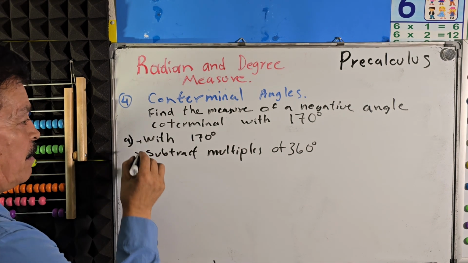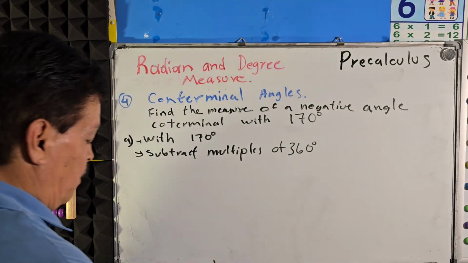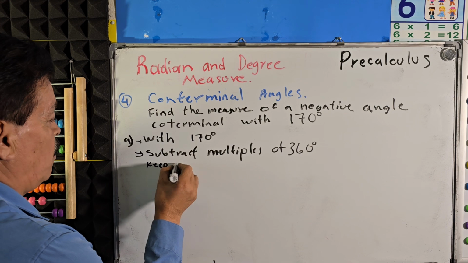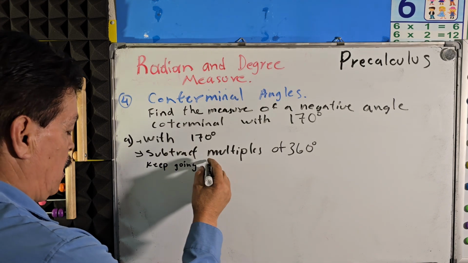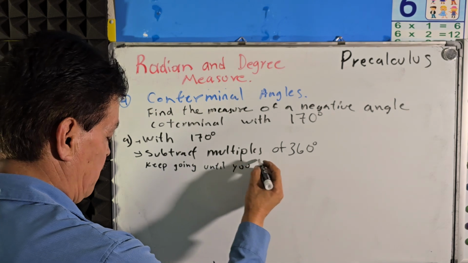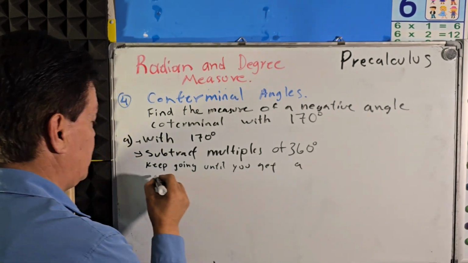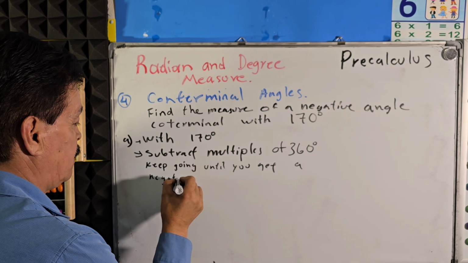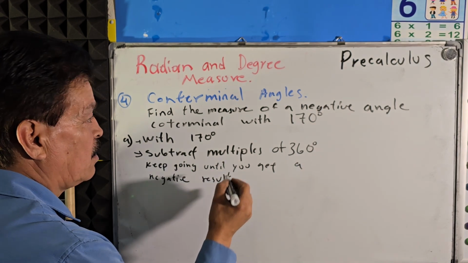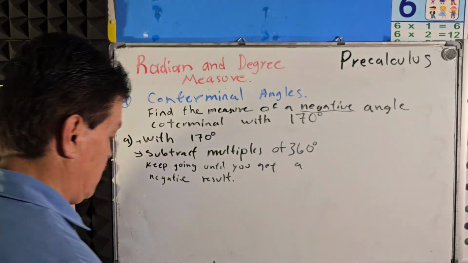This is the main thing, the way to find the answer. And then we have to keep going, keep going until you get a negative result. So we are looking for the negative.